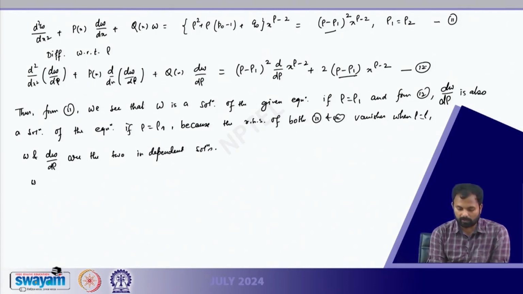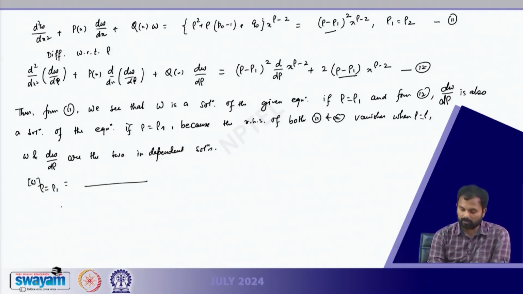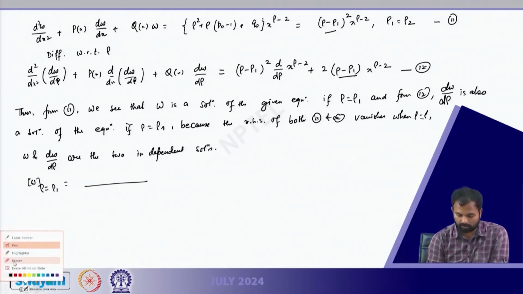Therefore, we will evaluate w at rho equals rho 1, whatever we will get from here, that is x to the power rho 1, and we can write the expression. So, let us write it anyways.